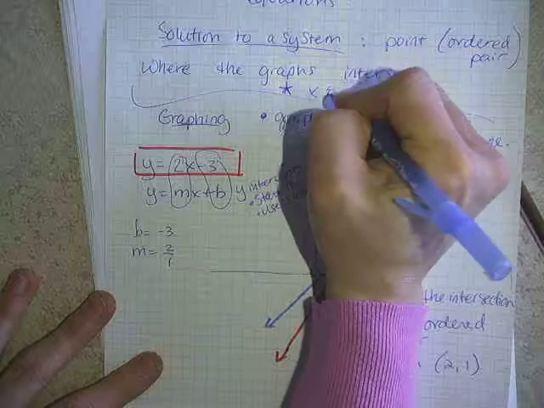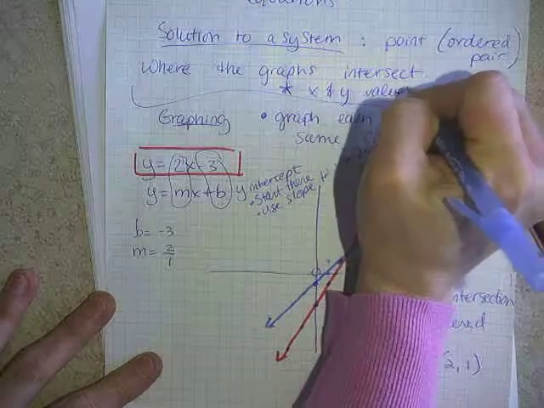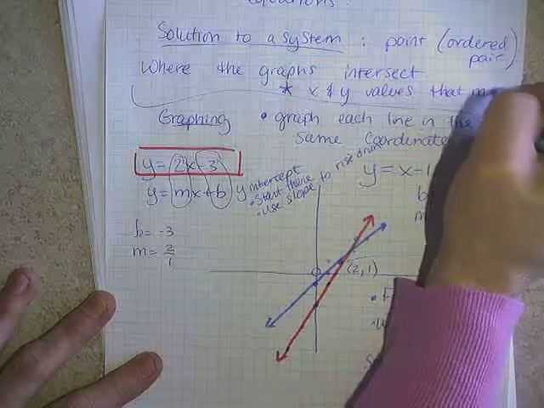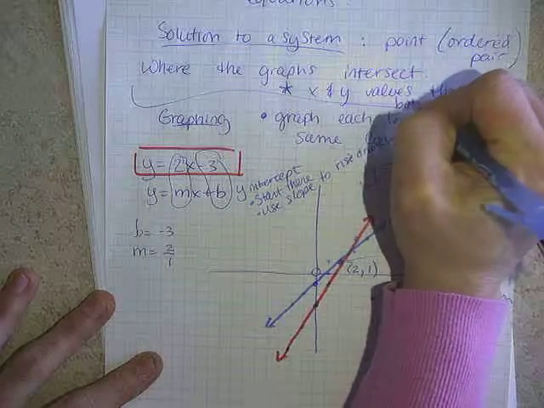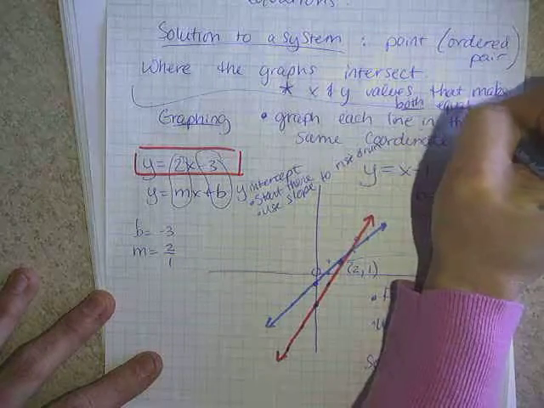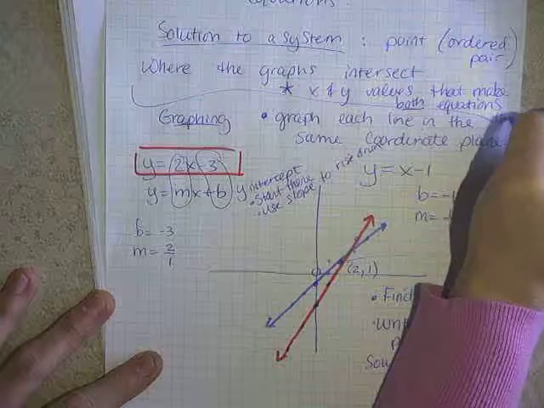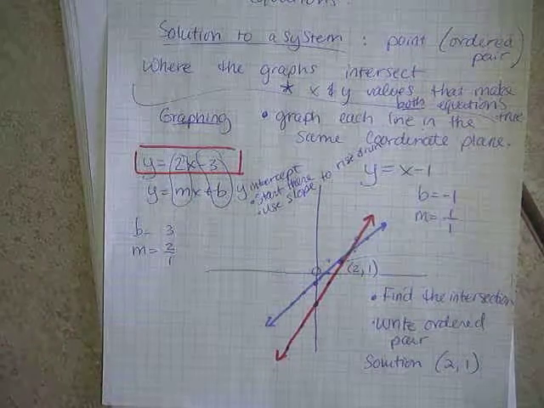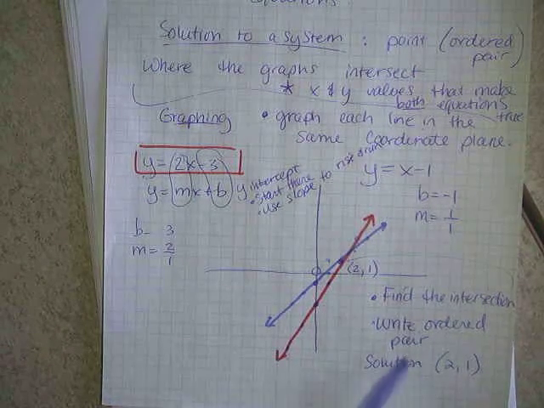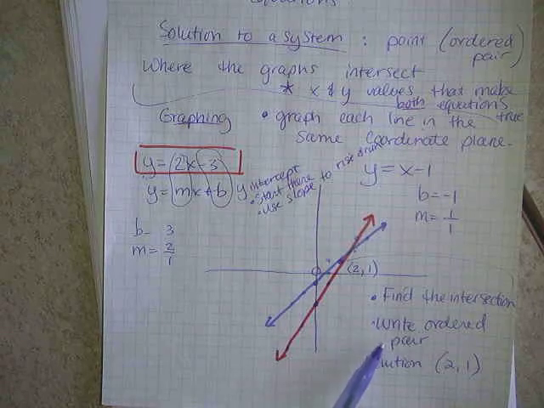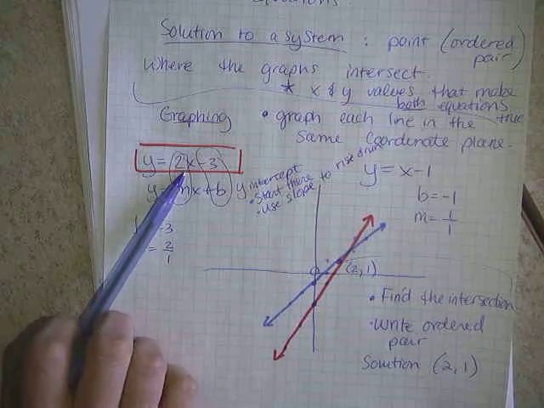Okay, now the one thing I suppose I should add up here is your solution, so we'll add that in. The solution is the x and y values that make both equations true.